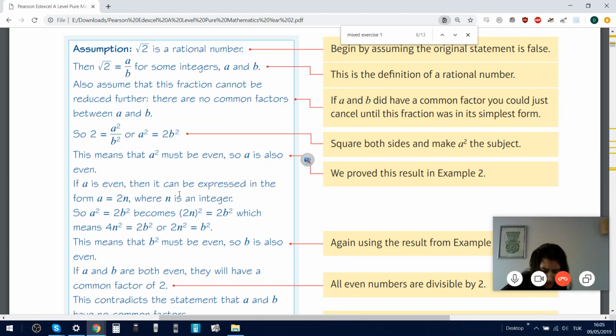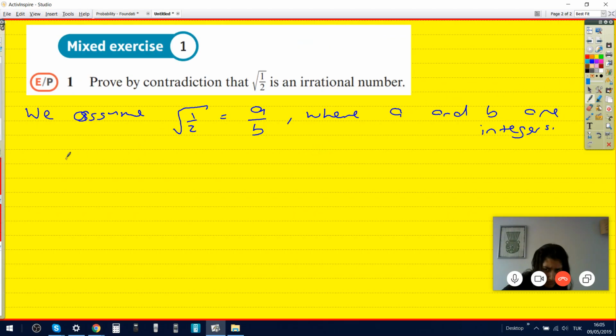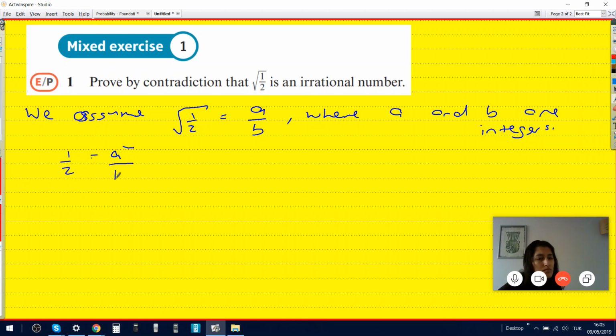So after a half equals a squared over b squared, then what do you do? Let's make it 2 times something equals something else. So you times both sides by 4.